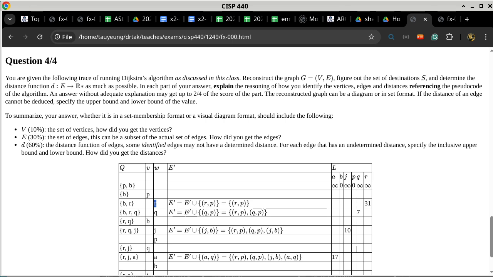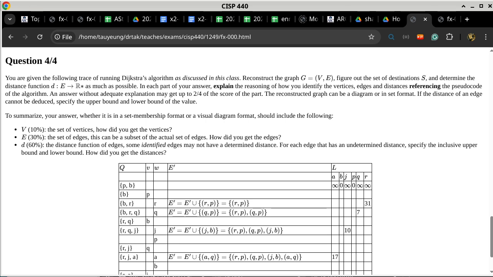So when we explore R as an incoming neighbor of P, the way we updated the L value is 31, and this 31 is the distance of the edge RP plus the L value of P itself, which is 0. So 31 minus 0 is 31. So 31 is the distance from R to P.